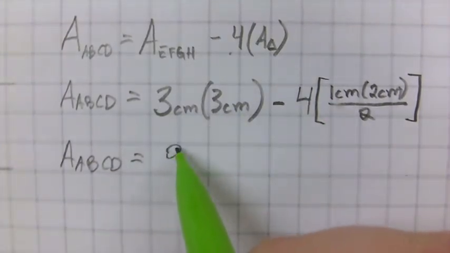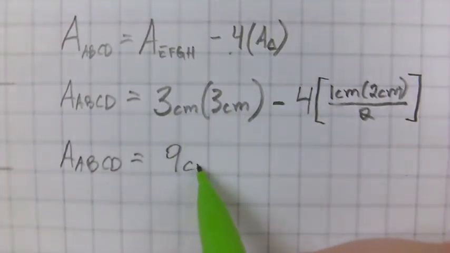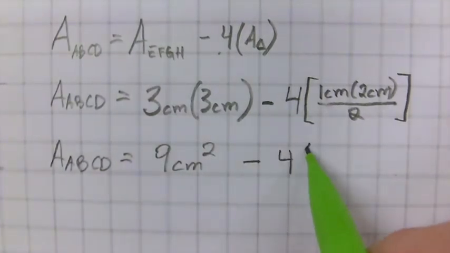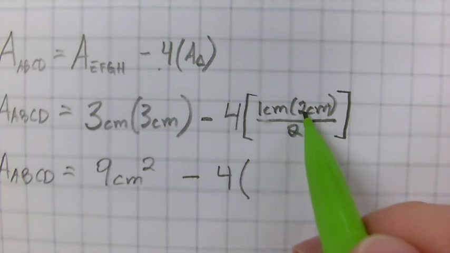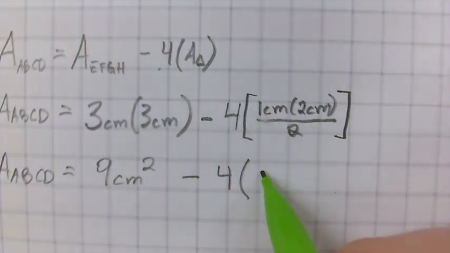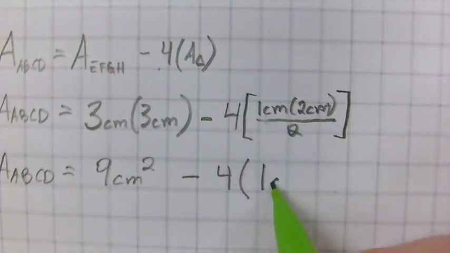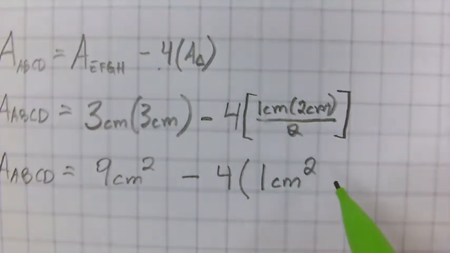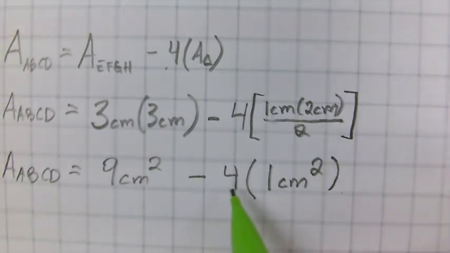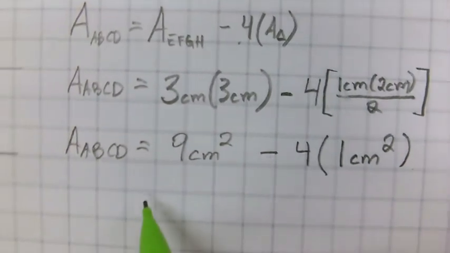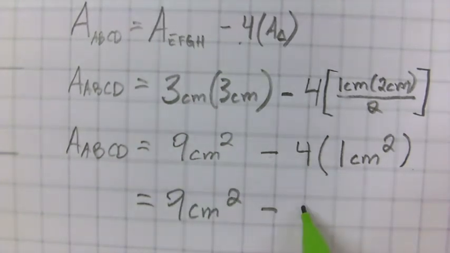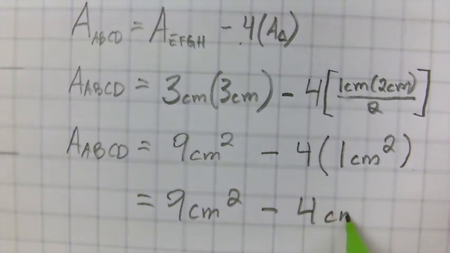3 times 3 is 9, and centimeters times centimeters is centimeters squared. Subtract 4 times 1 times 2 is 2. Divided by 2 is back to 1. And it's centimeters being multiplied, centimeters squared. And so then this becomes subtract 4 centimeters squared. So 9 centimeters squared, subtract 4 times 1 is 4 centimeters squared.